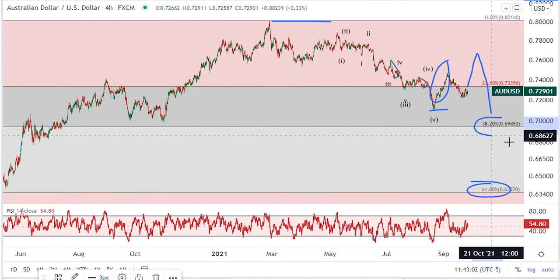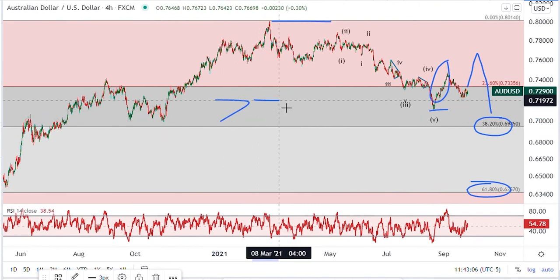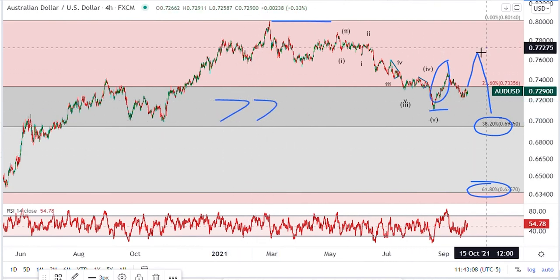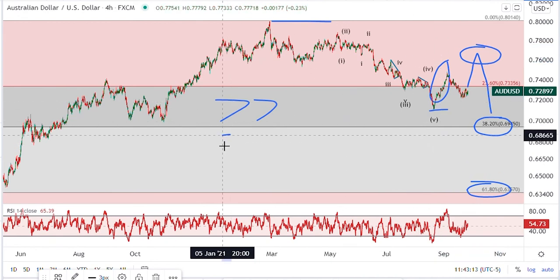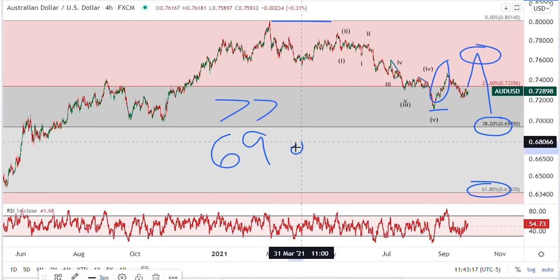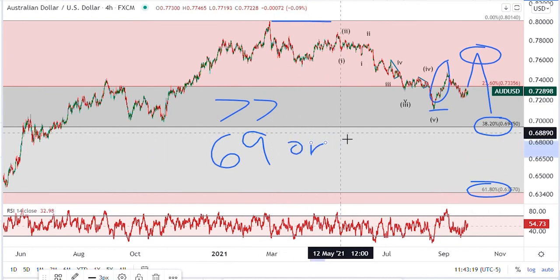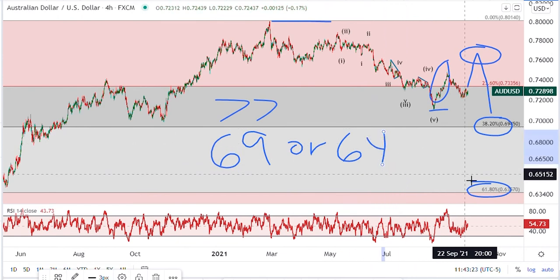So I think eventually we're going to see 77 cents first up here. And then after we see 77 cents, then I think we work ourselves back down towards 69 or possibly even 64 cents. And from there, that's when I believe Australian US dollar is going to find its footing and make its run up to 80 cents from here.